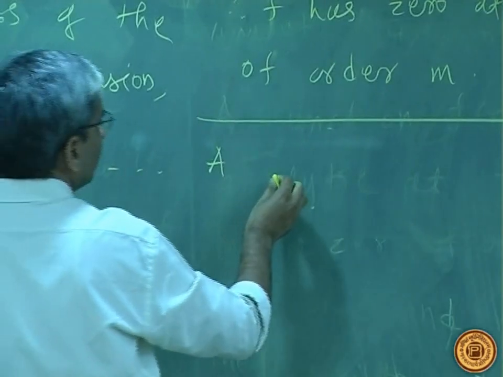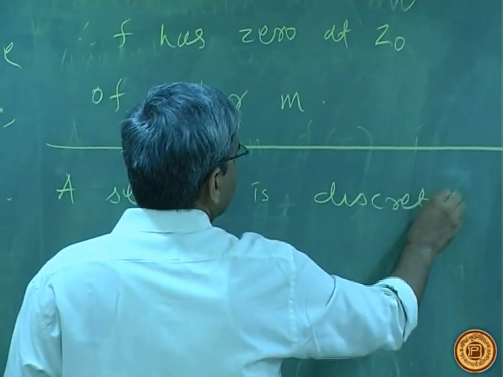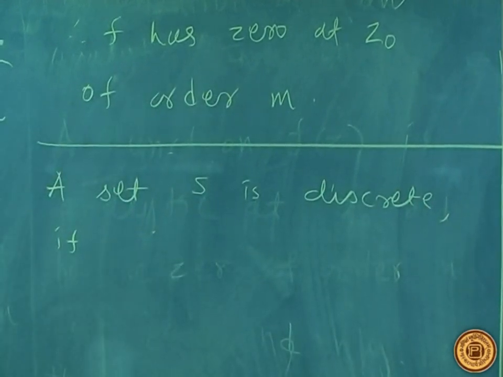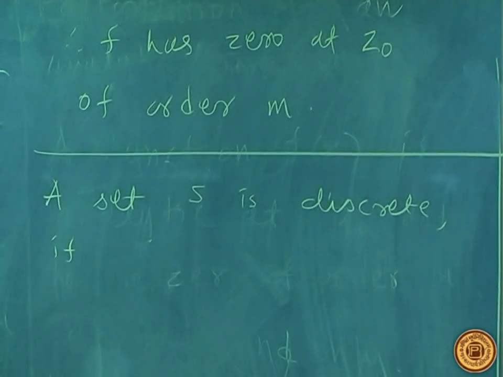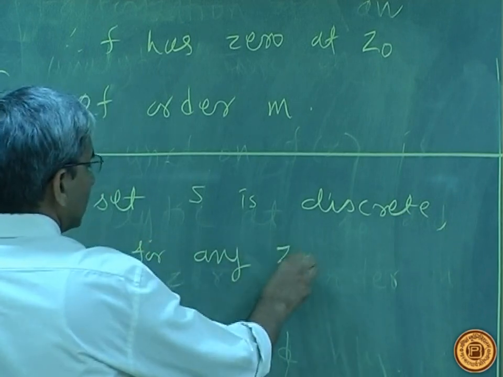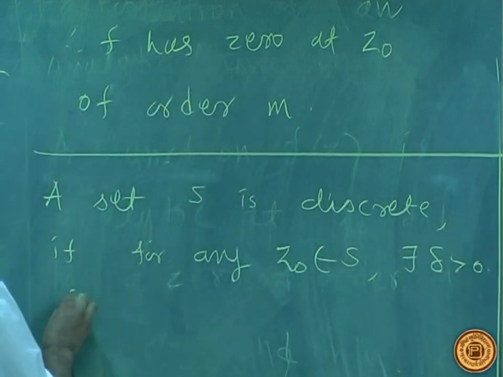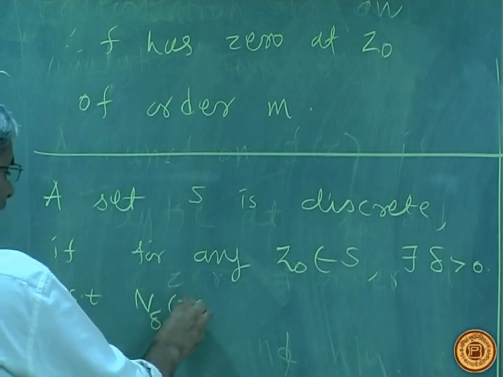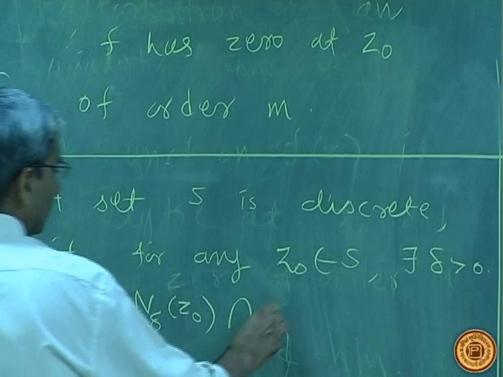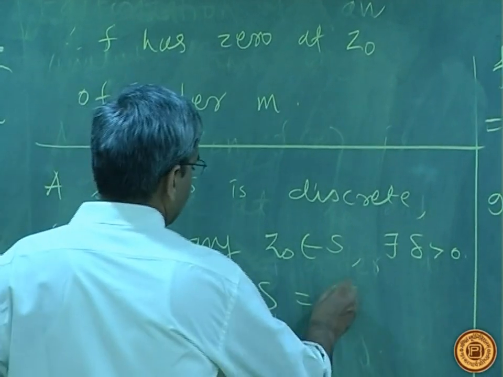A set S is discrete if for any z0 in S there exists delta such that N(delta, z0) intersection S is just z0. I mean, it does not contain any other point.